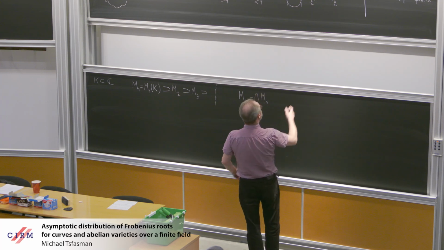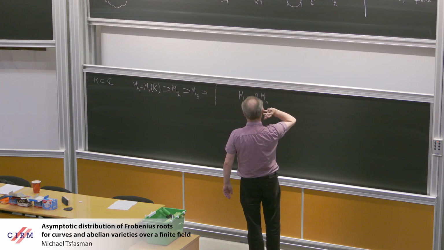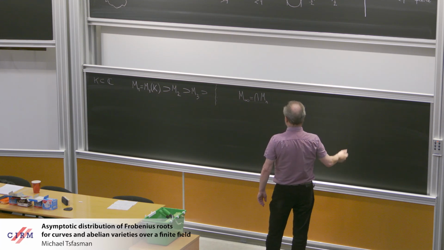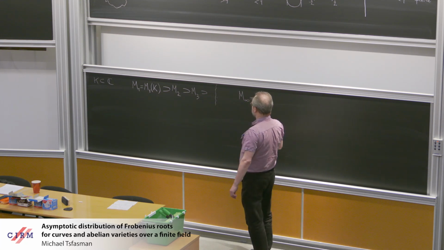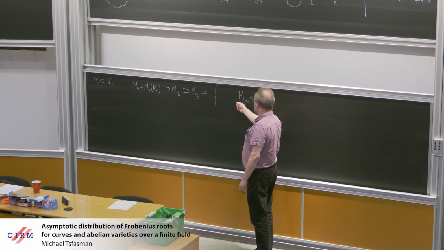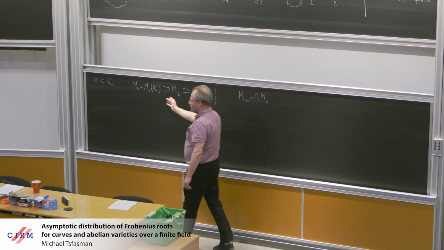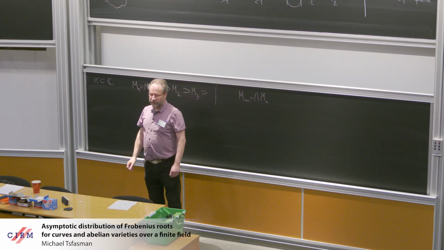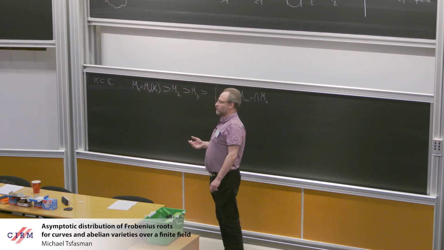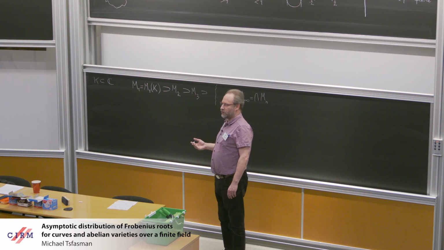I knew by results of Robinson that I should consider the case of capacity at least 1, because otherwise it's finite. And then I'm interested in this M infinity. Why only in M infinity? Because all the rest I knew. For atomic measures, I knew the answer: an atomic measure exists if and only if it is invariant under the Galois action.